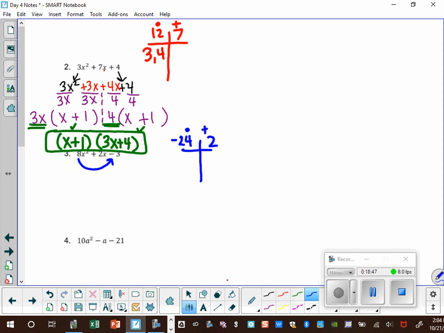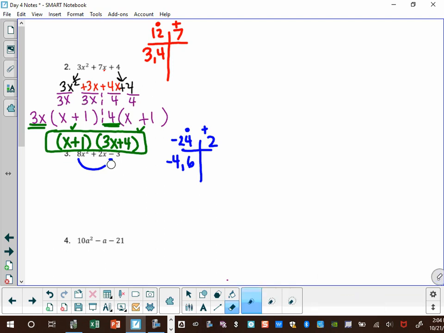What were my factors here? 2 and 12? Did you confirm that in your calculator? 2 and 12 doesn't give me 2 if I add them. -4, +6. Yep, that works.